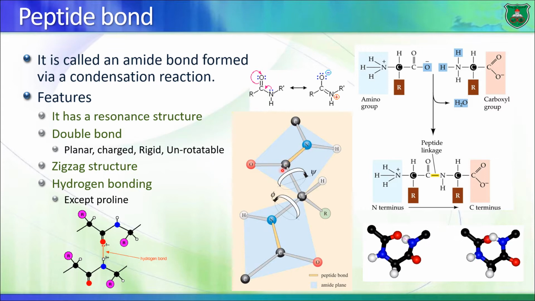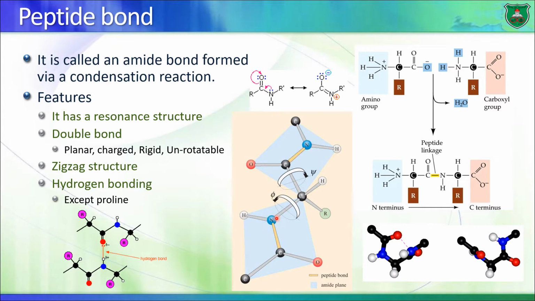It makes the bond itself planar, or flat. It's also charged, like I said, and because it has a double bond characteristic, the bond itself is rigid and cannot rotate. The bond right here cannot rotate, and notice that it is flat as well.